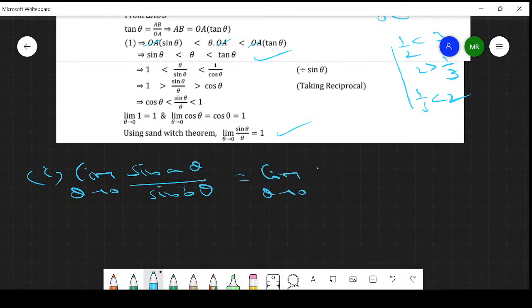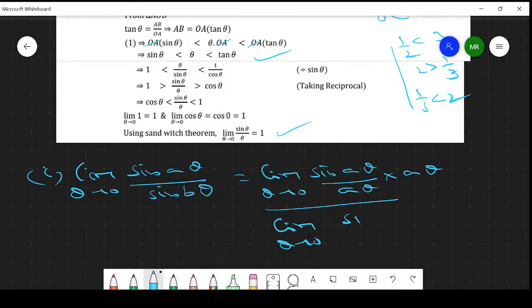Limit theta tends to 0, I can write sin a theta by a theta, divide by a theta and multiply with a theta. And this one, limit theta tends to 0, same thing, sin b theta by b theta into b theta. If you write like this, then you can observe by using the previous result.